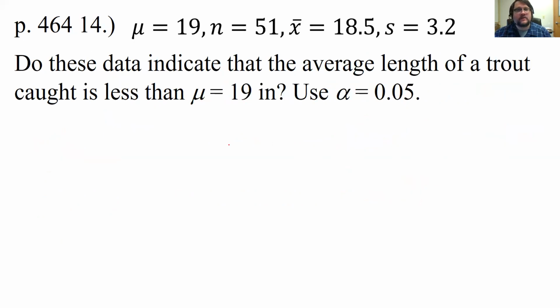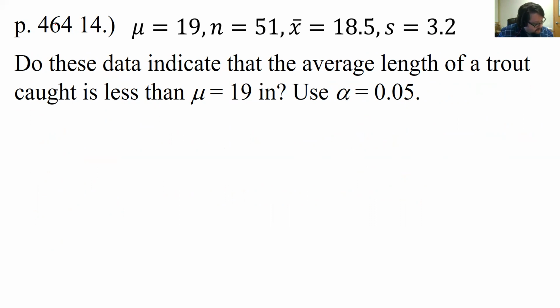All right. Let's look at this one. Number 14 here. Pyramid Lake is on an Indian reservation in Nevada. The lake is famous for cutthroat trout. Suppose a friend tells you that the average length of trout caught in Pyramid Lake is 19 inches.